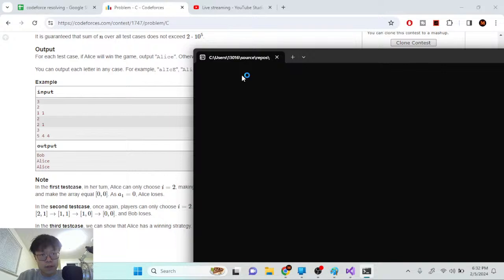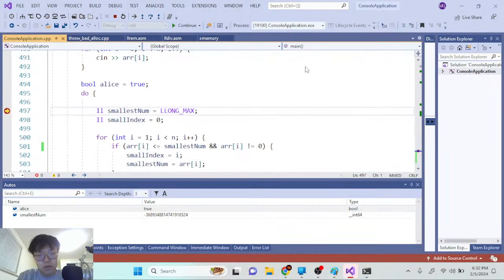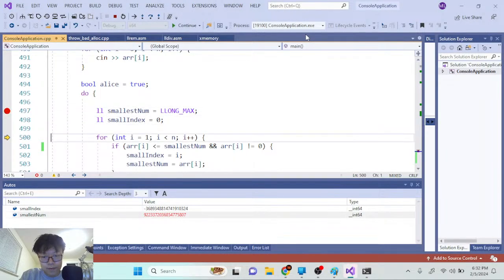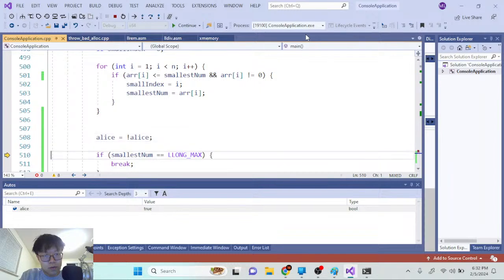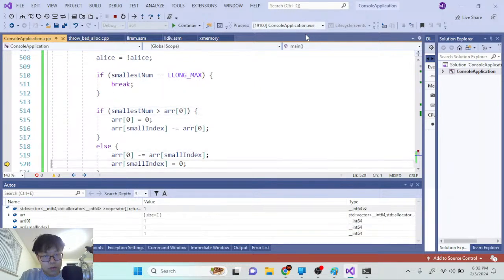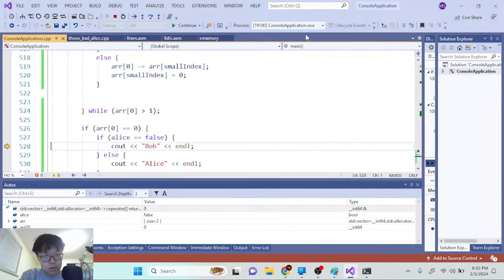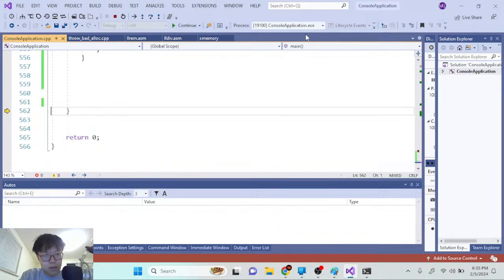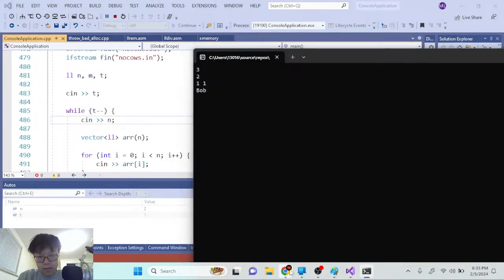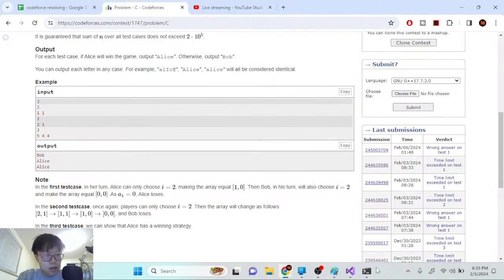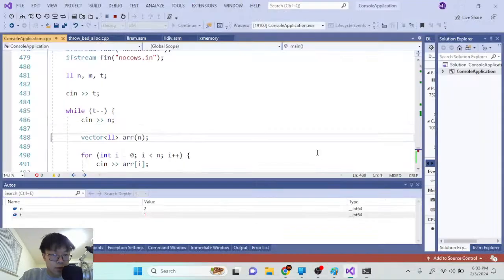So we have 3, 2, 1, 1. Bob's turn. Yep, that's right. Bob wins. Okay. 2, 2, 2.